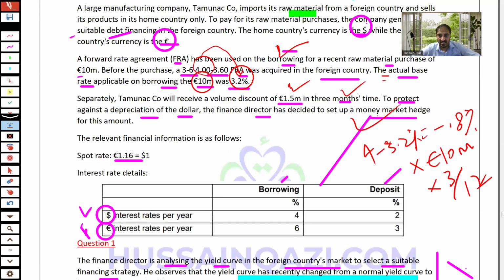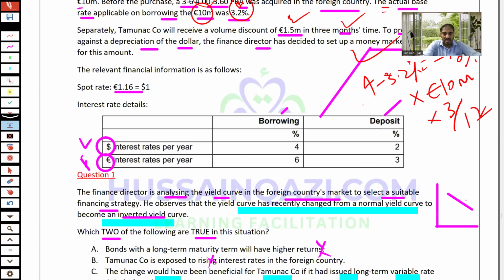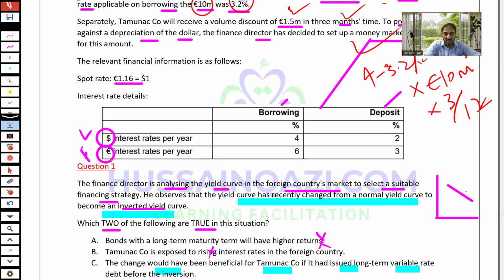Foreign currency liability. So foreign currency is euro, liability is 6. So you need to prorate 6, 3 over 12. That is 1.5%. So foreign currency borrowing and local currency deposits 2%.